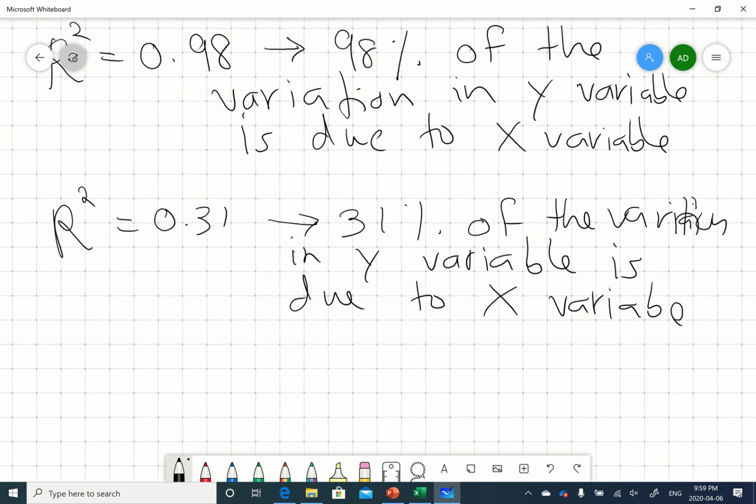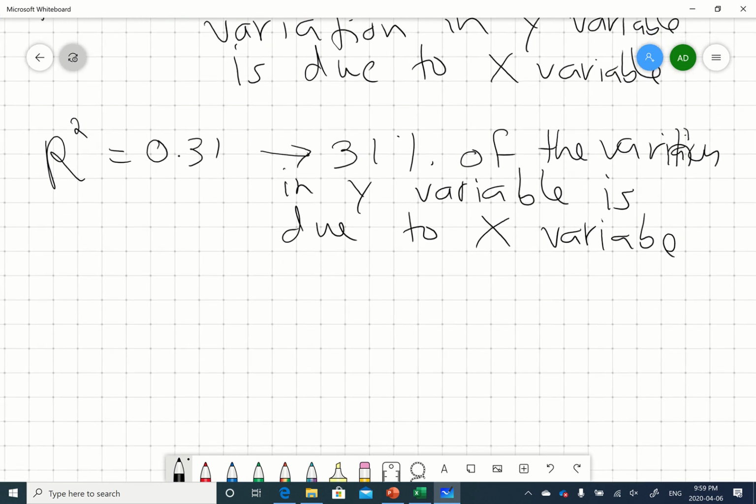So according to this example, x variable is responsible for the changes in your y variable, correct, but it is not the key factor. Your x variable is only responsible for 31% of the variation in your y variable.